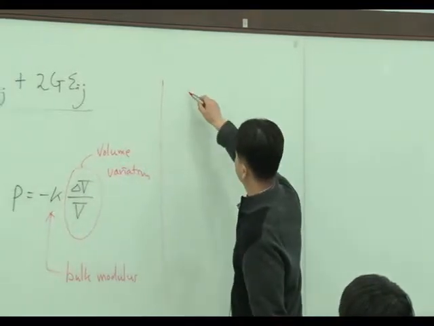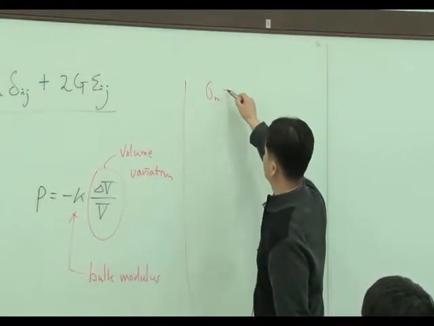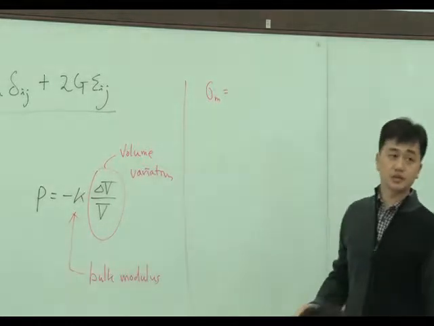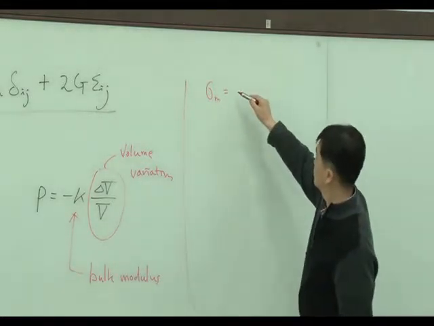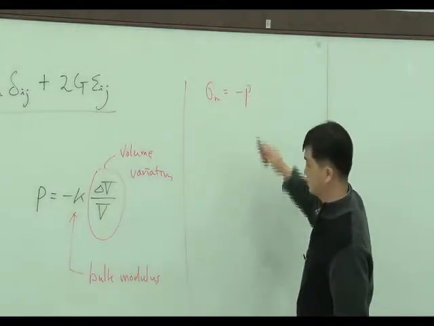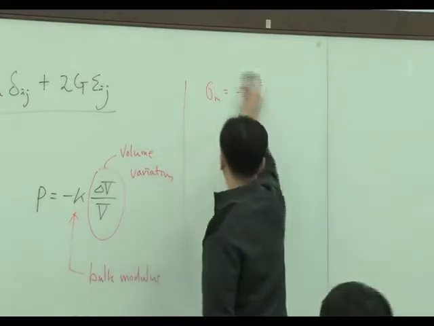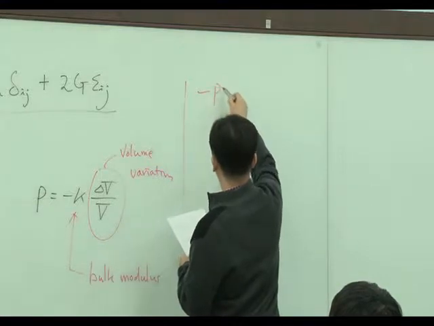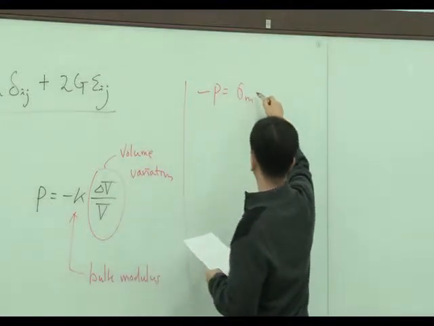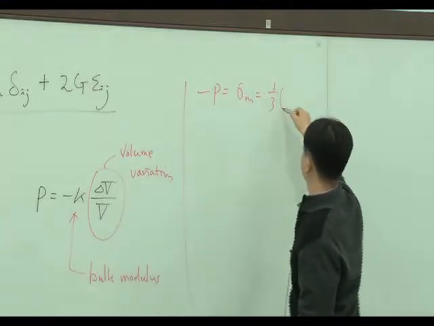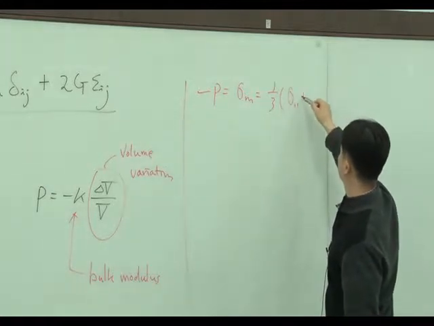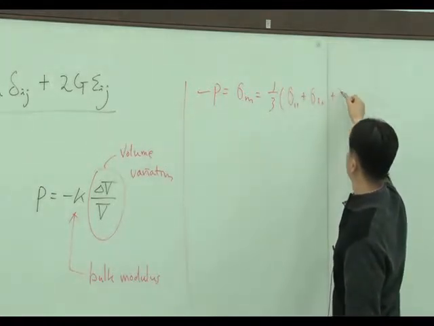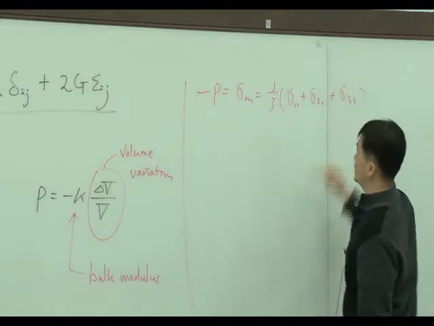So hydrostatic pressure is the same as the mean stress, right? Equal minus P. So let's write down like this. Minus P equals sigma M equals one over three times stress 11, 22, 33, right?